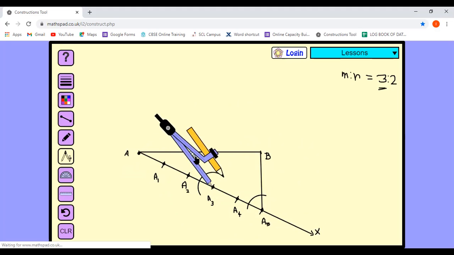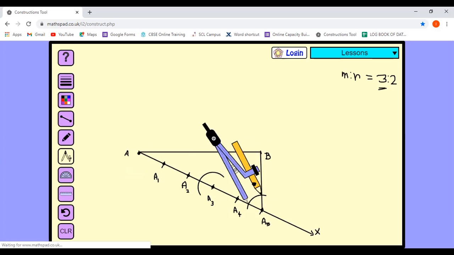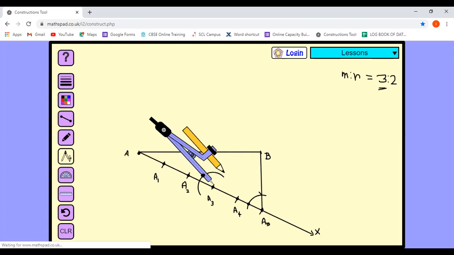Okay, so we have drawn a big arc, enough. Then the point where it is cutting, isn't it, the arc? We are going to take the measurement. So we have taken, lock it. Now we'll place it over here and make the same arc. Okay. Now let us join A3 and the arc.